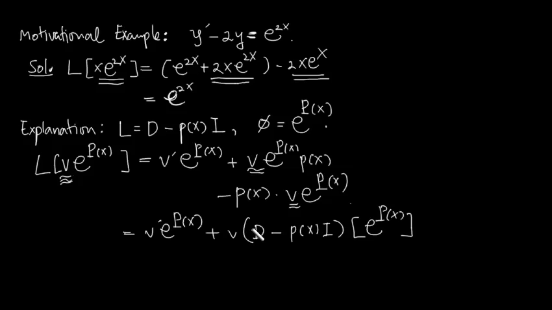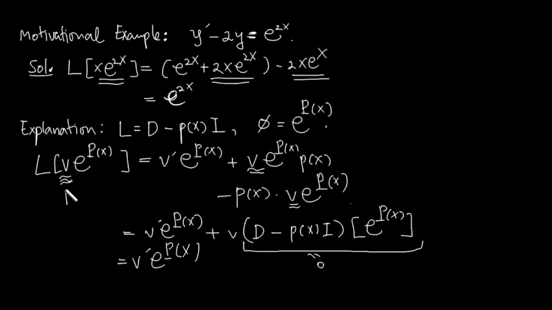So this part is a derivative of e to the px, and this part is p of x times e to the px, but V is common and is factored out. So no matter what V is, this part will be 0. It only leaves this V prime e to the px.